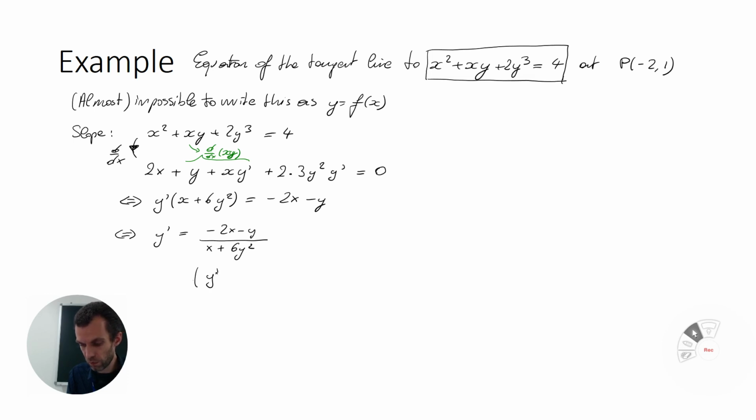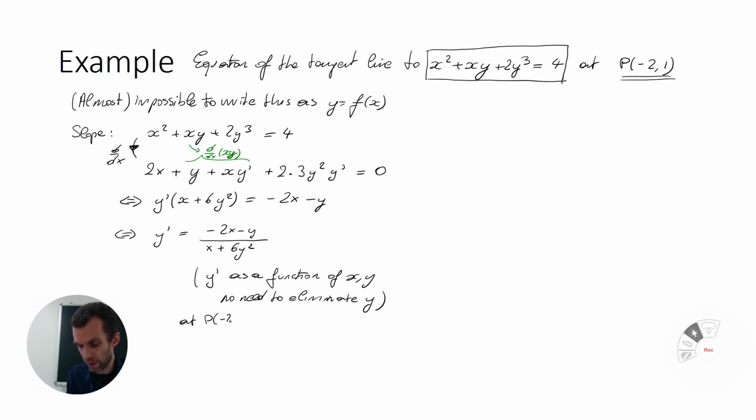So here we have y prime as a function of x and y, and there's no need to eliminate y. And why is that? Well, we want the slope at the point P, minus 2, 1.